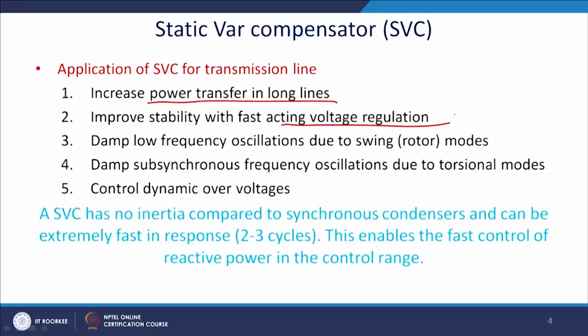If there is a low frequency oscillation, it will also enhance damping of subsynchronous frequency oscillation due to the torsional mode, and control dynamic voltages. These are the applications where SVC can fulfil a requirement.